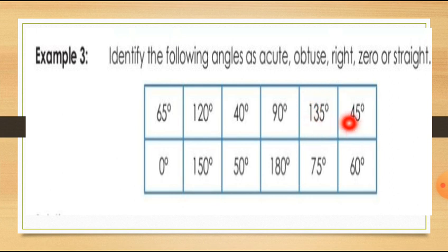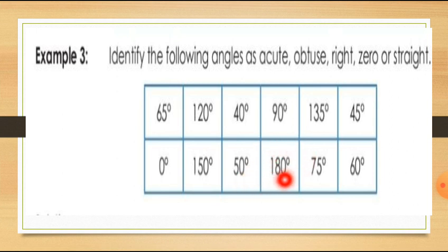Then 45 degrees. 45 degrees is less than 90 degrees. So it's an acute angle. Then 0 degrees, 0 angle. Then 150 degrees. 150 degrees is greater than 90 but less than 180. So it's an obtuse angle. Then 50 degrees, acute angle.